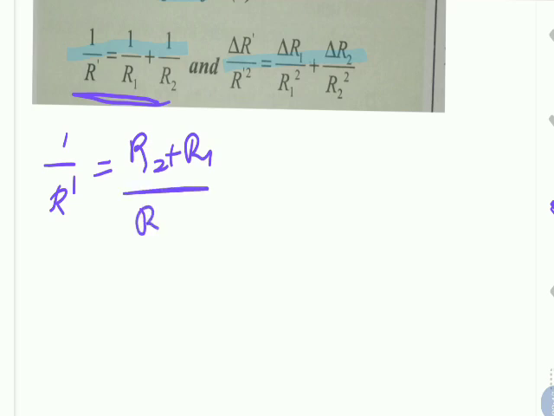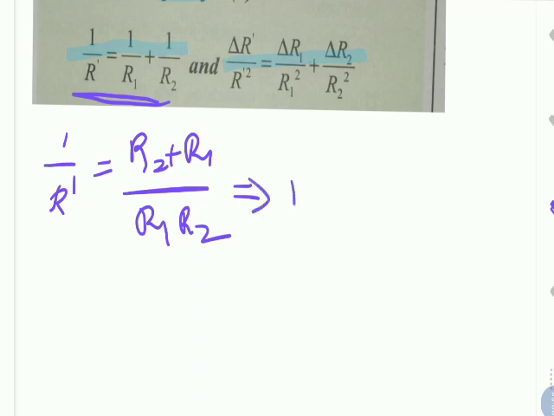1 by R dash is equal to 1 by R1 plus 1 by R2, 1 by R dash is equal to R2 plus R1 by R1 into R2.